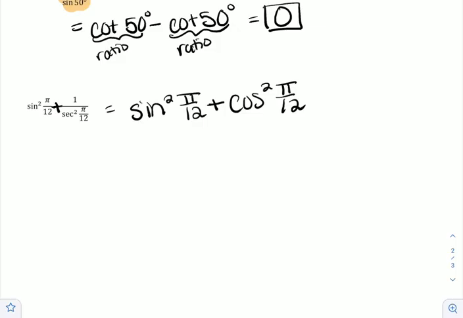And again, the only reason that works is because these angles are the same. Otherwise, you couldn't. So by the Pythagorean theorem, the first Pythagorean identity, sine squared plus cosine squared of pi over 12 is 1. So in this one, we use the quotient identity first and then the Pythagorean identity. You'll see more of these in the next few videos.